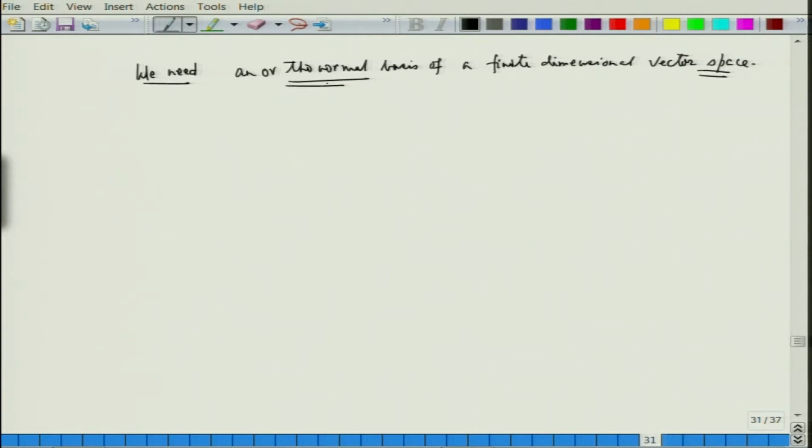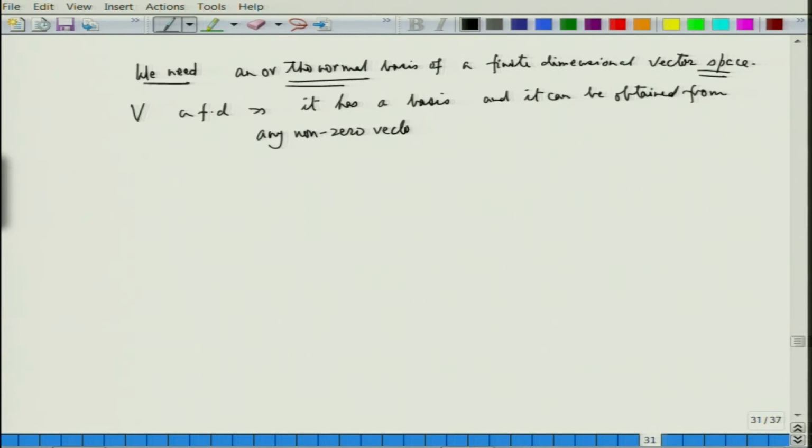What we know is that V being finite dimensional implies it has a basis, and it can be obtained from any non-zero vector. All right. So, we would like to do the same thing again here.